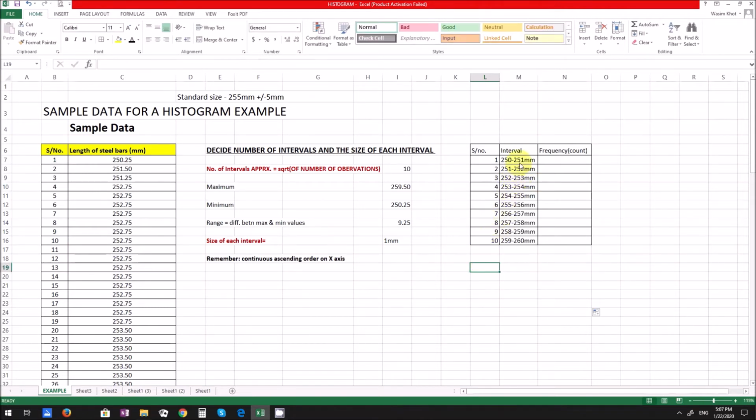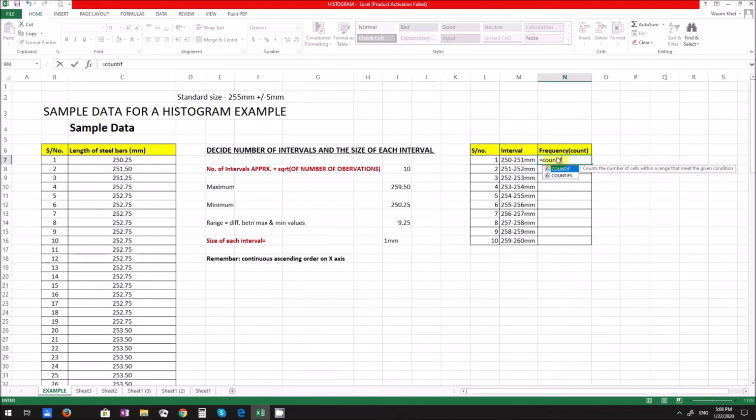So we have the 10 intervals and we want to count the values in each interval, or the frequency. So let's use an Excel formula for counting the values. Now the Excel formula is COUNTIF.